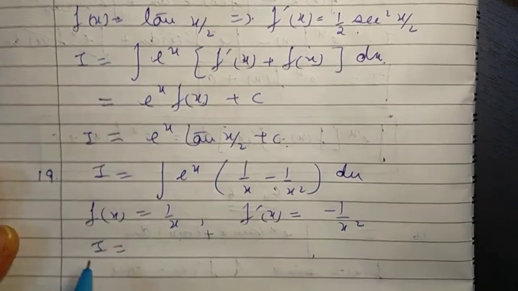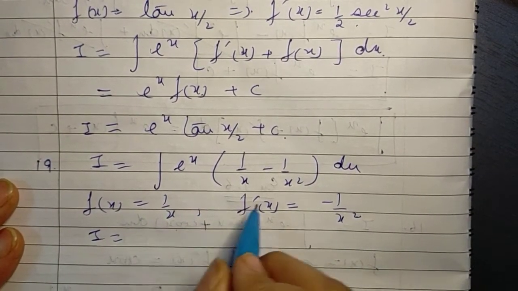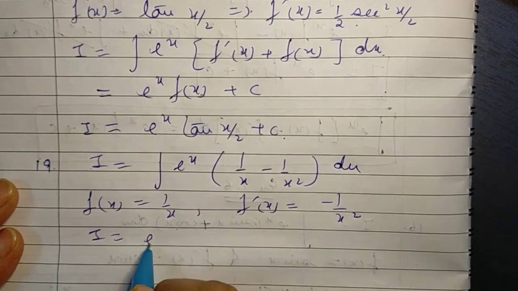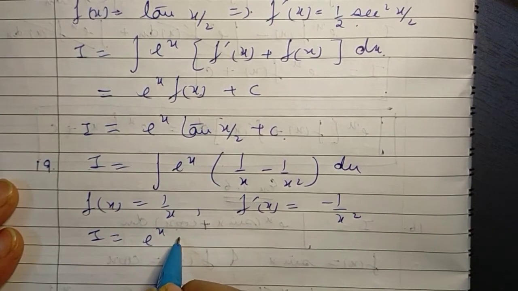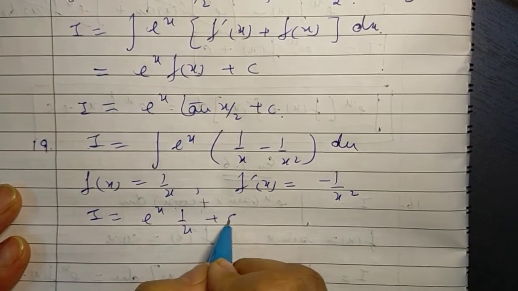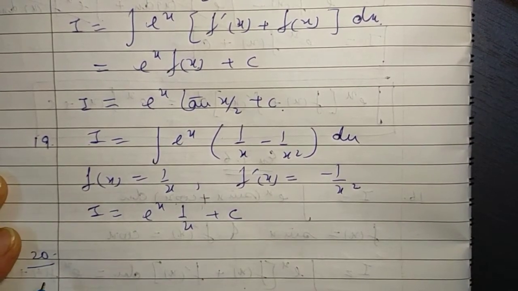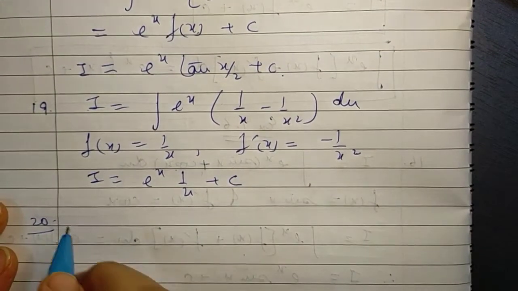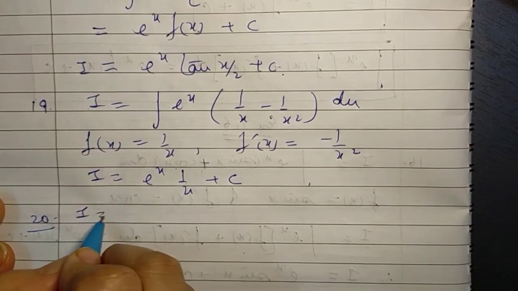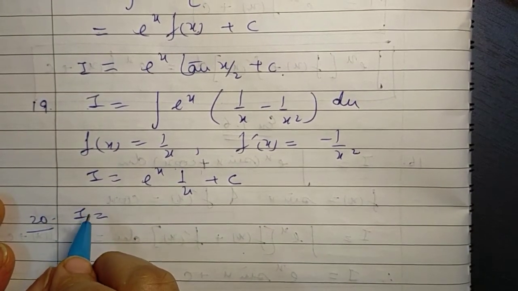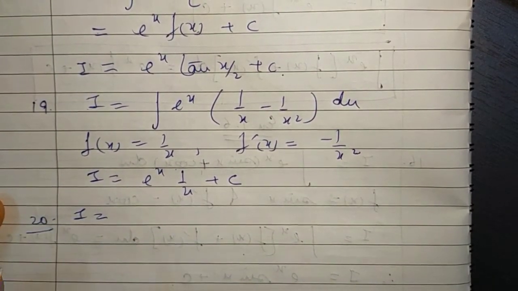So directly we get I as e raised to x into f(x), which is 1 upon x, plus a constant. Now question number 20, we'll have to make a slight change, which is to be dealt with in the same manner as question number 17.